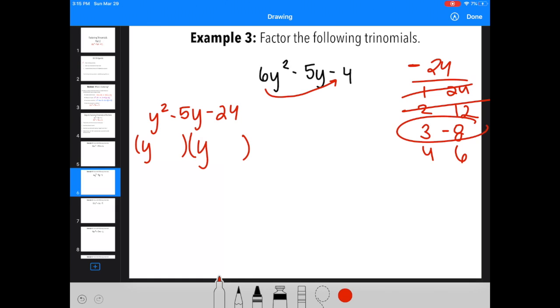However, 3 minus 8 gives me negative 5. So I'm going to use plus 3 minus 8. Now, before I say, hey, that's my final answer, remember I have to come back and divide by 6. So divide by 6, divide by 6.